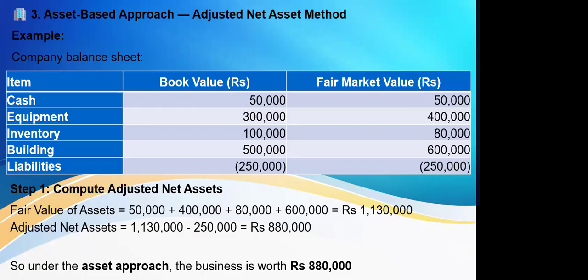Simply, if you purchase a land, I purchased a land in 2003 at 125,000. After 22 years, the neighbor came and asked me, would you like to sell this land? I said, okay, what is the price?